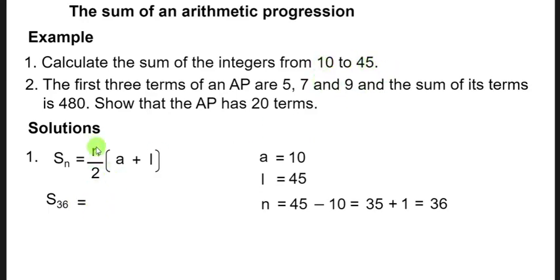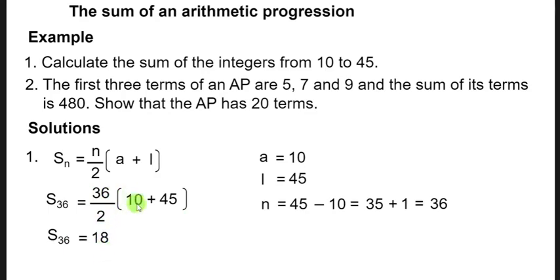So we're going to say here we have 36 over 2, then open brackets, the first term here is 10, plus L, which is 45, the last term. Then 36 divided by 2 will be 18.